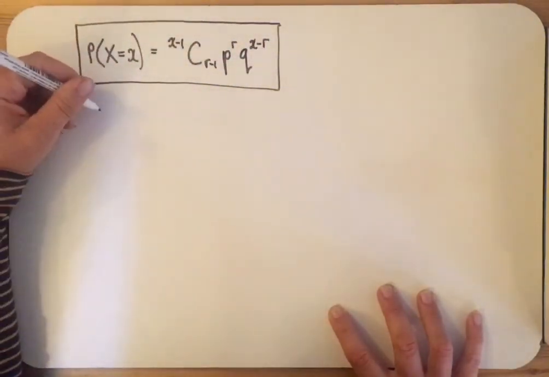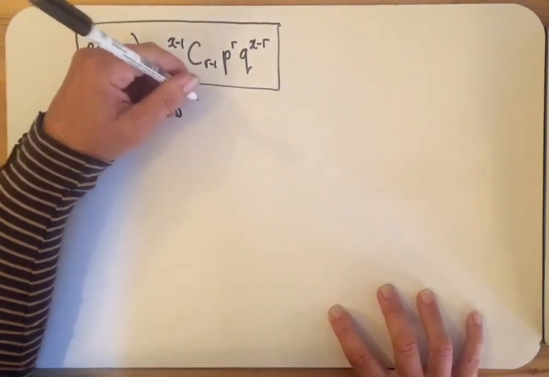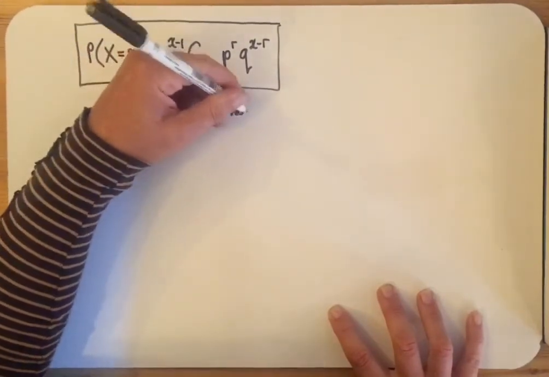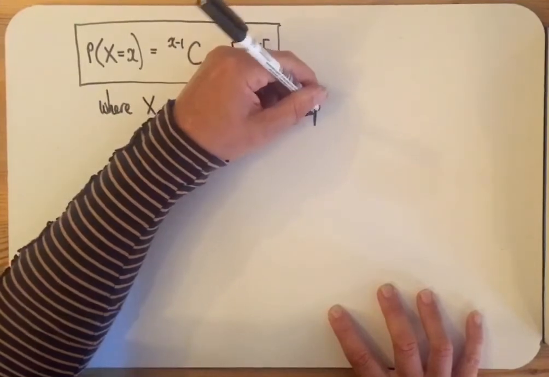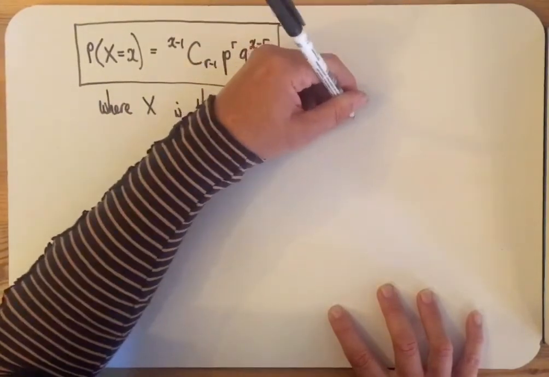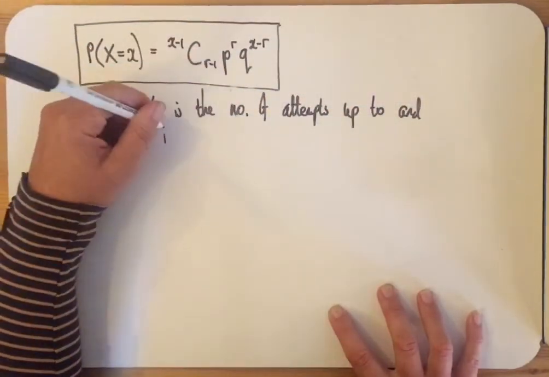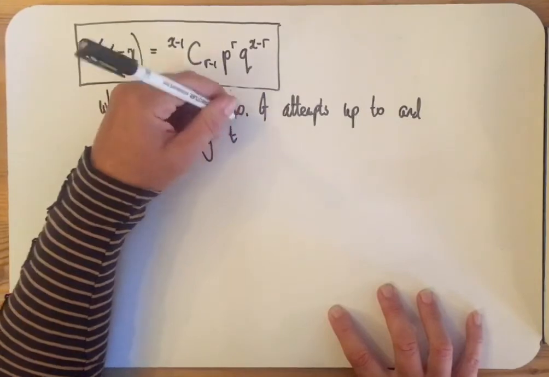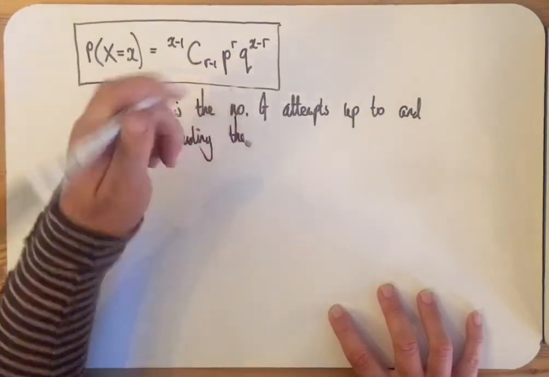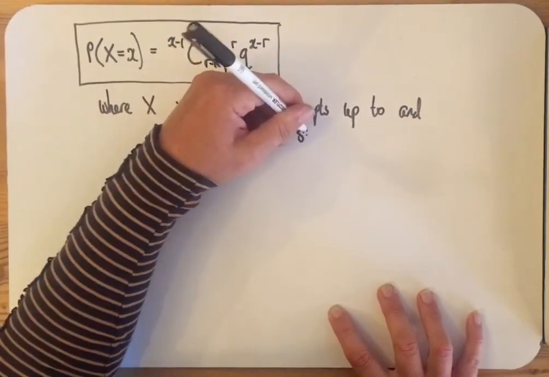So this is where x is the number of attempts up to and including the rth success.